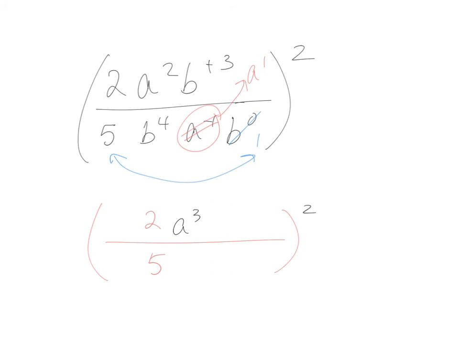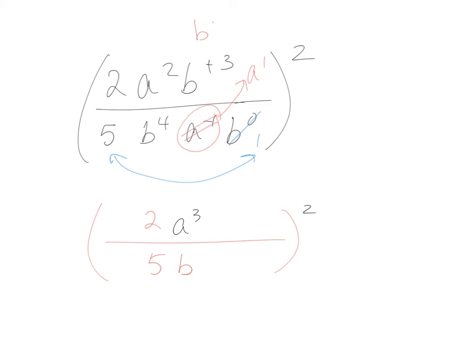So here's what I want you to visualize. Think of this as b, b, b. Think of this as b, b, b, b. There's 4 b's here and 3 here. Cancel 3 of these b's with 3 of them here, leaving how many down here? 1. Does everybody see what I'm doing? It makes life so much easier to avoid the negative exponents. Just simply reduce.